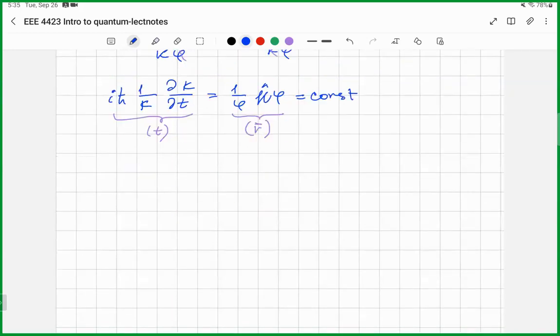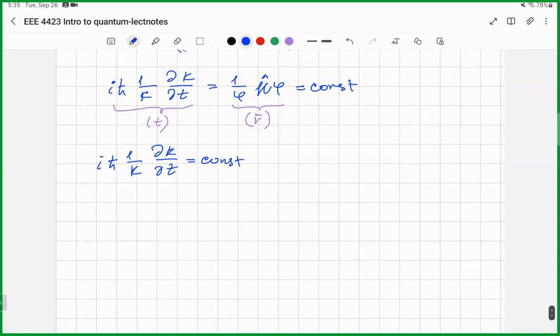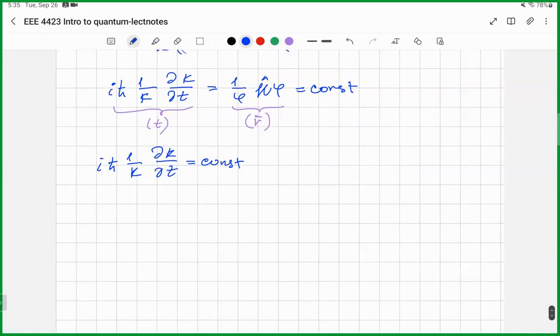Let's start with kappa. So for kappa, I have i h bar 1 over kappa d kappa dt equals a constant. I can multiply both parts by kappa and get i h bar d kappa dt equal to the constant times kappa.